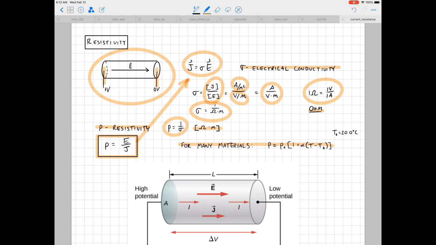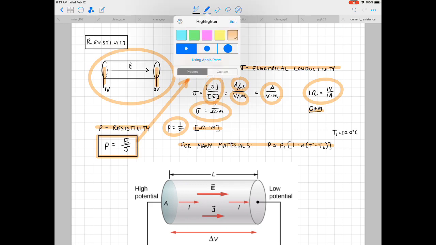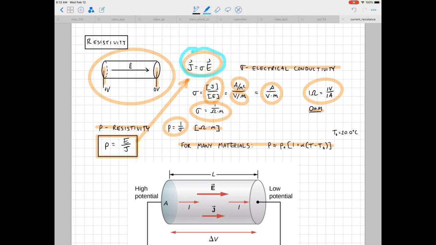And so the higher the resistivity, the more difficult it is to move. With the conductivity, since they're inverses of each other, the higher the conductivity, the easier it is for charge to move through the material. And you can see that directly from this expression right here.